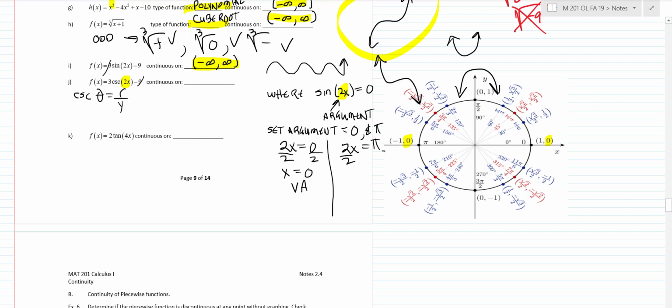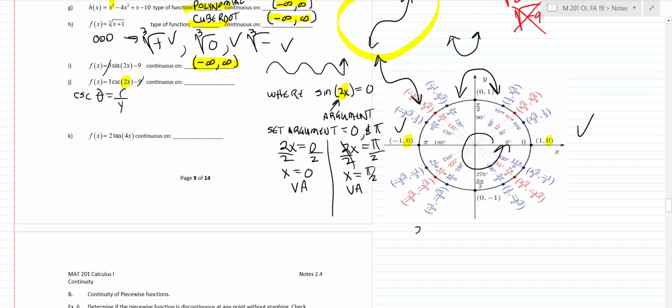Over here, we divide by 2. Now we have a vertical asymptote at pi over 2. Now all we got to do is find the pattern, because we have to write a formula on this. You can see the pattern now. It's just going by pi over 2. But in case you didn't see that, you've got 0, pi, the next place the sine is 0 is 2 pi.